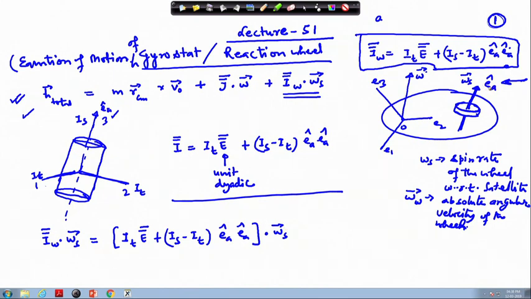Omega s and E a cap are along the same direction. This is the spin angular velocity of the wheel.